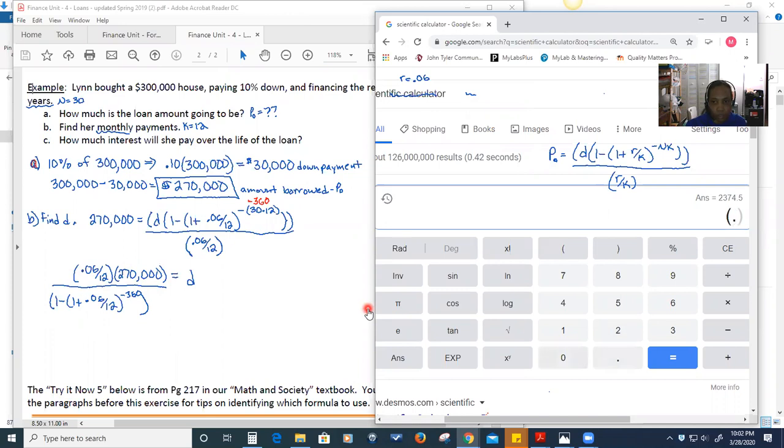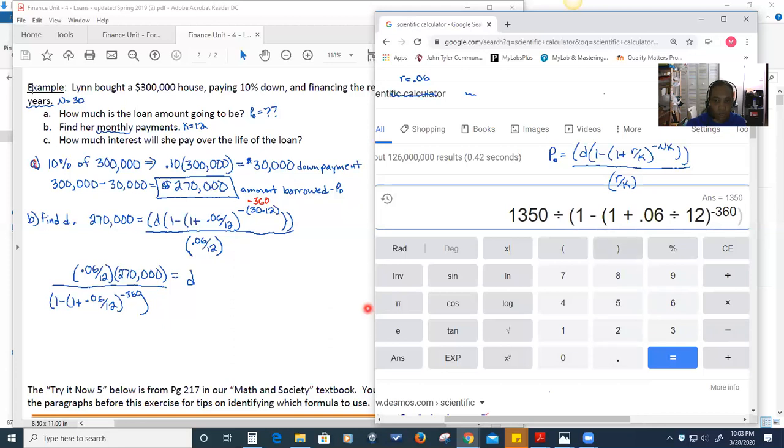All right, so 0.06 divided by 12 times 270,000. There's my numerator. Divided by parenthesis 1 minus parenthesis 1 plus 0.06 divided by 12, close parenthesis, to the power of negative 360.